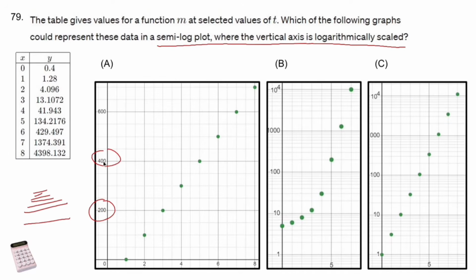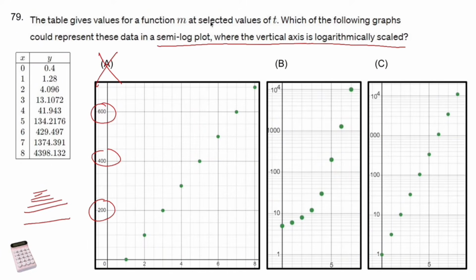It goes up 200, then 400, then 600. That's not the guy we want. This is just a regular old coordinate plane. Now, B and C, those are our guys where it's logarithmically scaled, where we go from 10 to 100 to 1,000 to 10 to the 4th. Same thing over here, even though it's cut off. And as you can see, the horizontal parts are kind of squeezing in, just like I said it would.